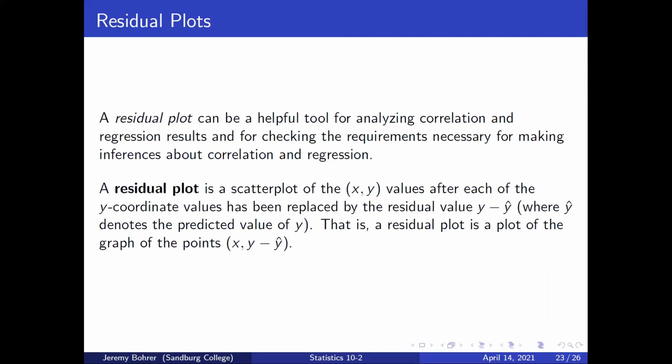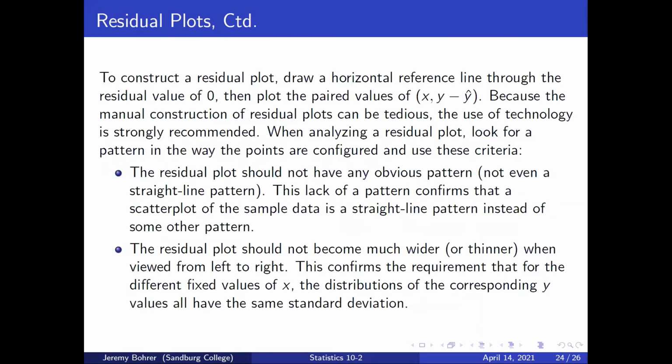That is, a residual plot is the plot of the graph of the points x, y minus y hat. To construct a residual plot, draw a horizontal reference line through the residual value of 0, then plot the paired values of x, y minus y hat. Because the manual construction of residual plots can be tedious, the use of technology is strongly recommended.